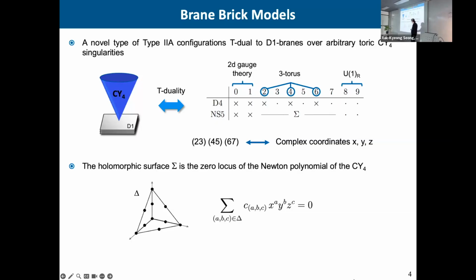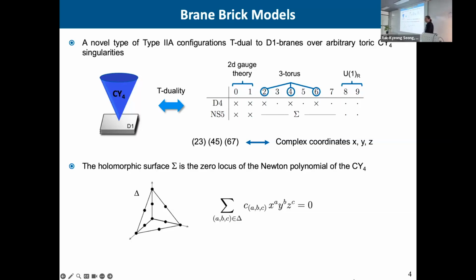So someone gives me the toric diagram for this Calabi-Yau fourfold. I have a polynomial with some complex coefficients. I can absorb 4 of them, but this determines something, and that is what I will call the brane brick model. Now I will interchangeably use the brane brick model term for this thing or for some skeleton or tropical limit of this configuration.